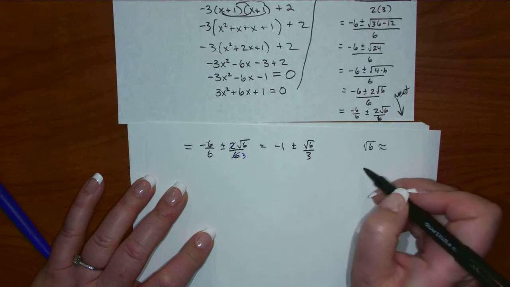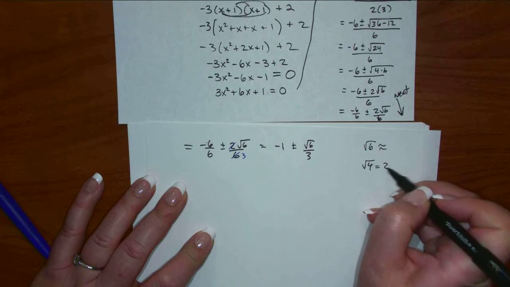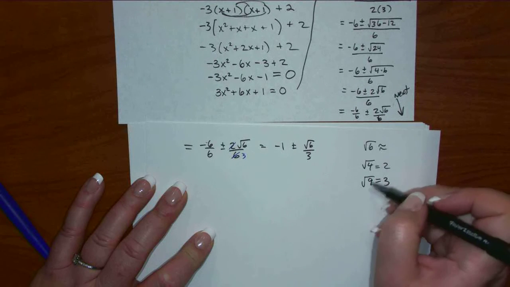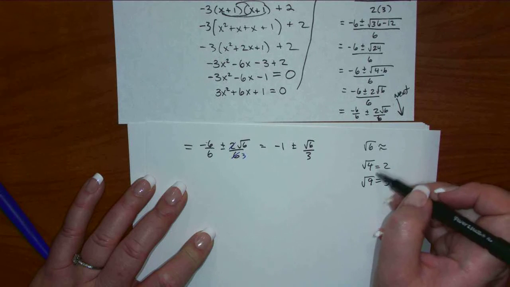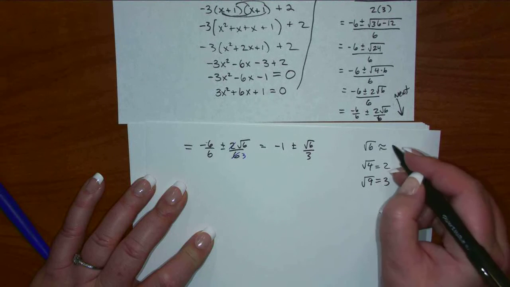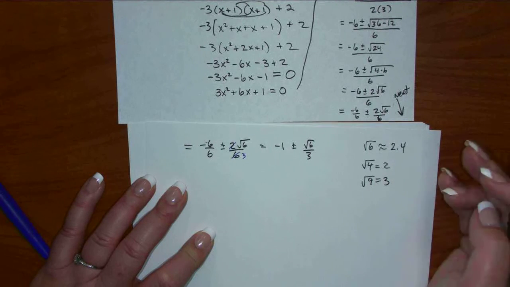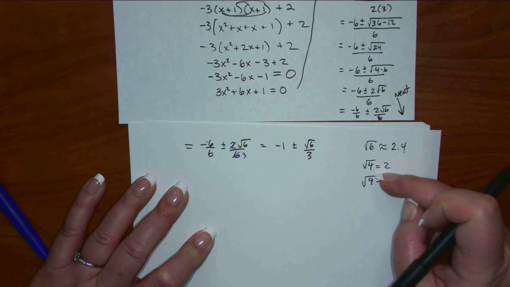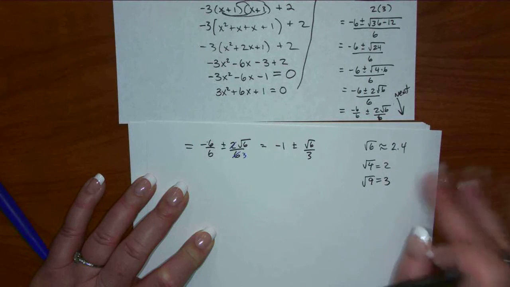So yeah, root 4 is 2, root 9 is 3, so it's between these. Halfway, less than halfway, what do you think? Maybe 2.4? Right, it's 2 away from there, but it's 3 away from here, so a little closer to the 4.